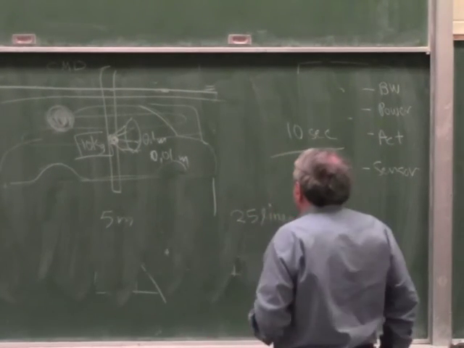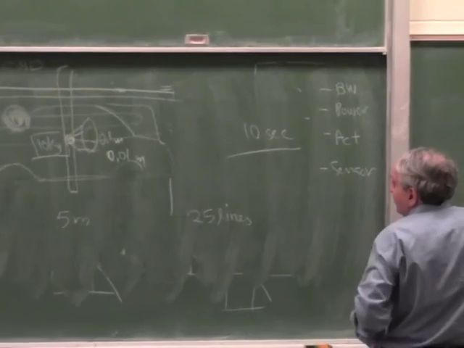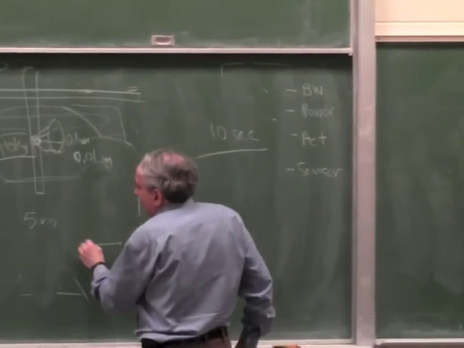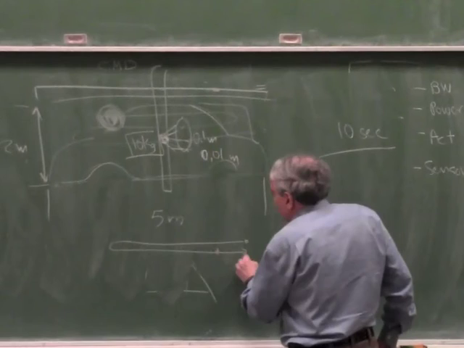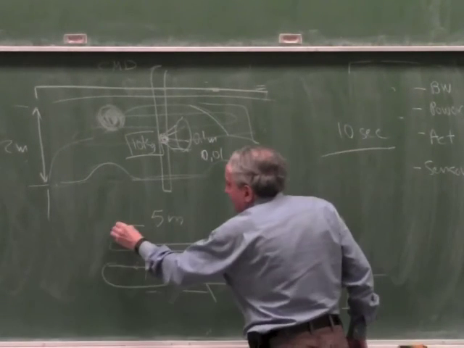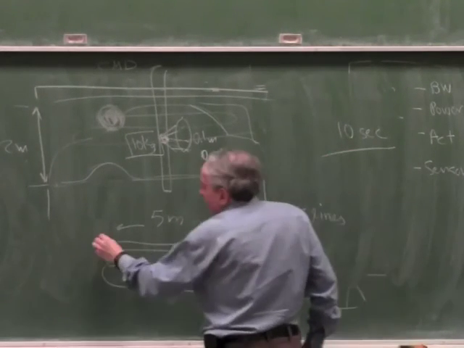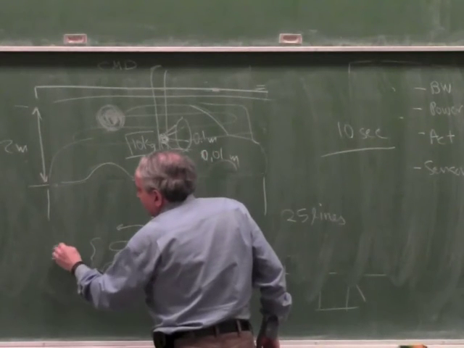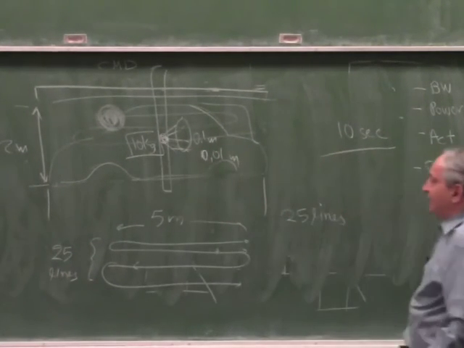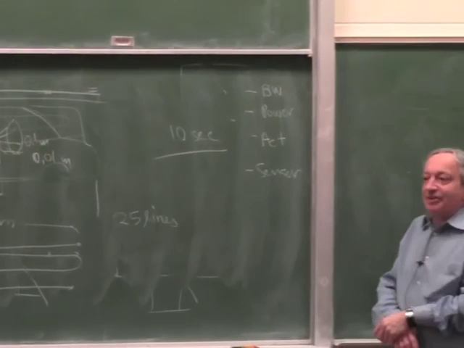So from this we can calculate. Now we converted this whole problem into a different problem. You go like this, 5 meters, and you have 25 lines. So what bandwidth does the system need?